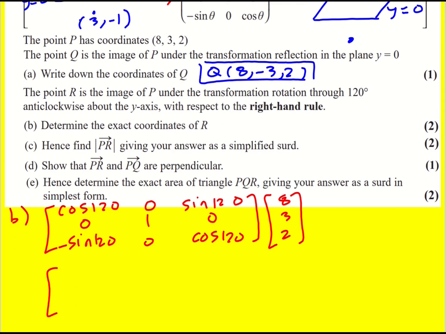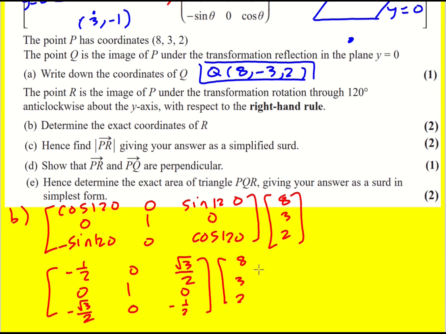Okay, and you can put these in your calculator. So this gives -1/2, 0, √3 over 2, 0, 1, 0, minus √3 over 2, 0, -1/2, applied to 8, 3, 2. Okay, then we're going to multiply this out.